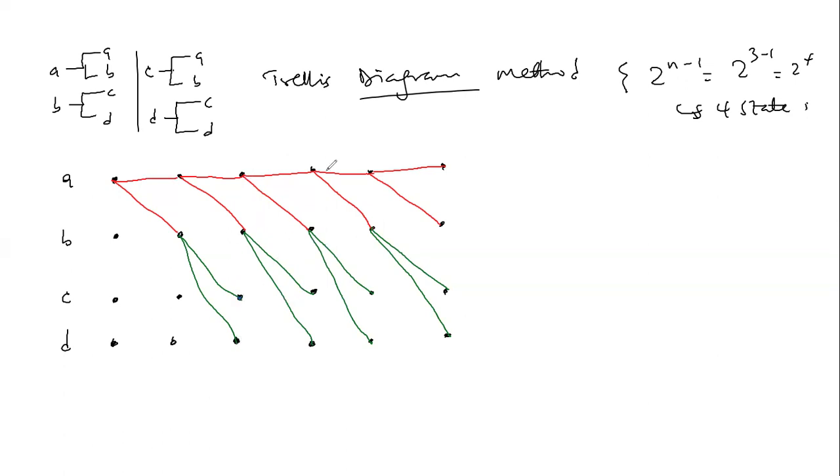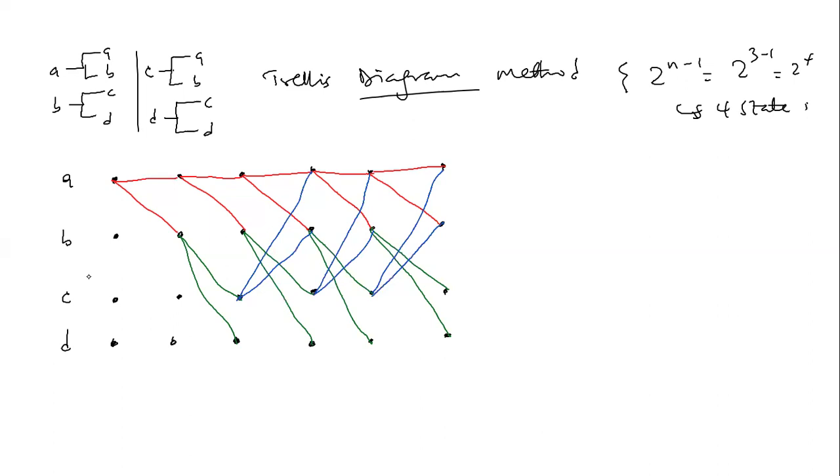So I have to move to the next state. So from C to A or C to B. Okay. So I can move from C to A or C to B.